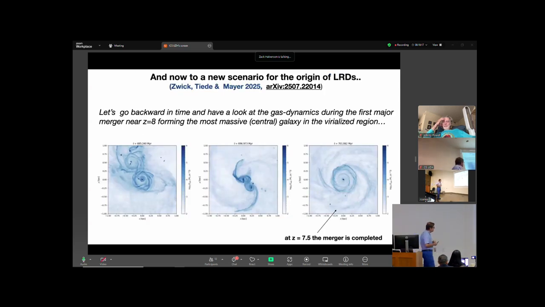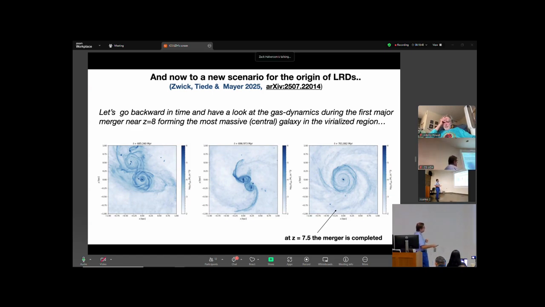Let me now, in the last few slides, switch topic a bit, but using the same type of simulation that I've shown here. If we go a bit backward in time and now focus on the more massive galaxy that we have in this virialized region, we look at what happens as this more massive galaxy merges with the second most massive galaxy in the virialized region. And then we look at gas dynamics inside the merger remnant.